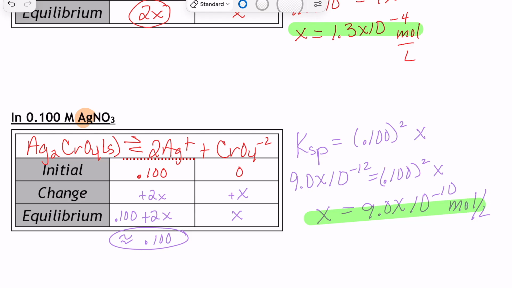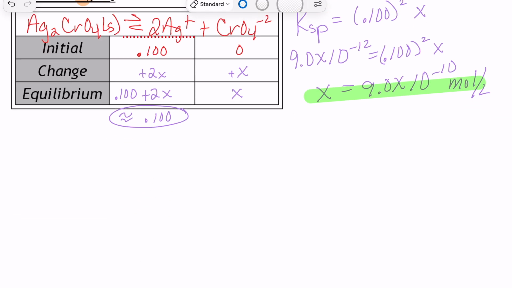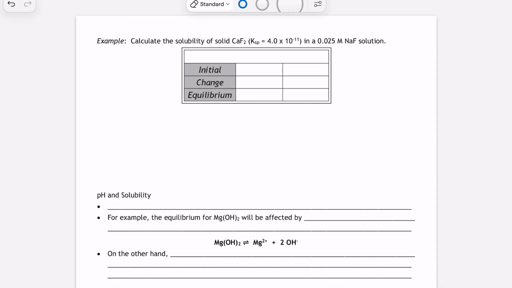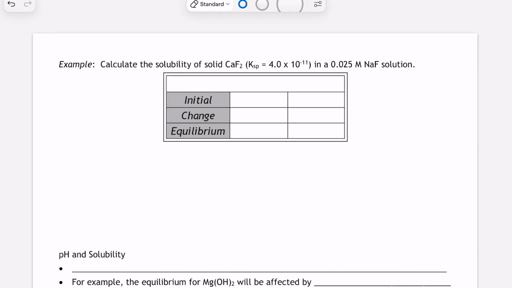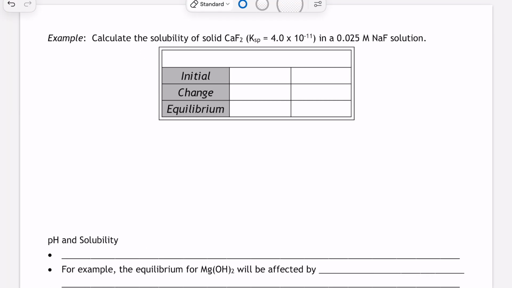All right, try the next one. I'm going to show you how to do this one. Calculate the solubility of calcium fluoride in a 0.2 molar sodium fluoride solution. So it's important to recognize this as a common ion problem, because this is where people get really confused because they're not sure what's what here.